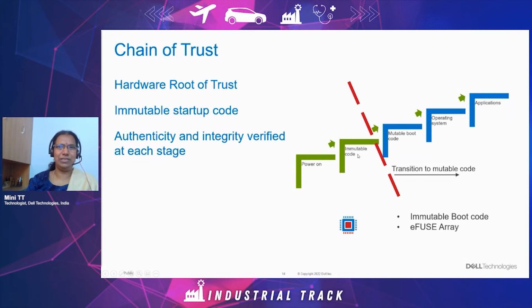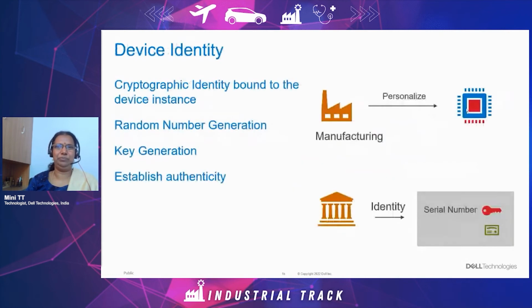So on power on, the immutable code verifies the authenticity and integrity of the first mutable code, which is typically the bootloader, and the first mutable code further verifies the next modules, say the operating system, application, all that. And that is how we establish a trusted environment in our system, so that we make sure that the software, firmware, and application running have their authenticity and integrity. So at each stage it is verified.